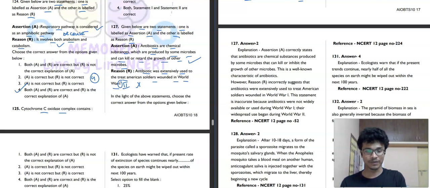So basically second option, assertion is correct but reason is not correct, will be our correct answer for this question.